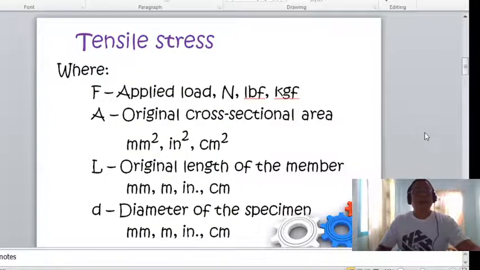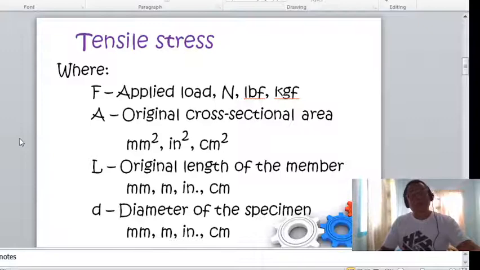F, of course, is the applied load. Take note that the unit here is sometimes in newton, sometimes in pound force, and sometimes in kilogram force. The cross-sectional area is in millimeter square, inch square, or centimeter square.